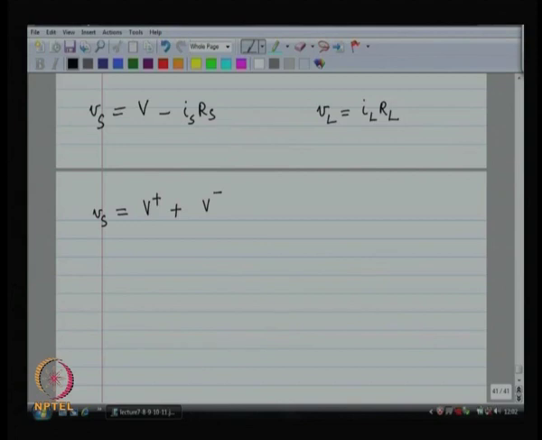Okay. And similarly, Is is going to be a forward moving wave plus a backward moving wave, right.